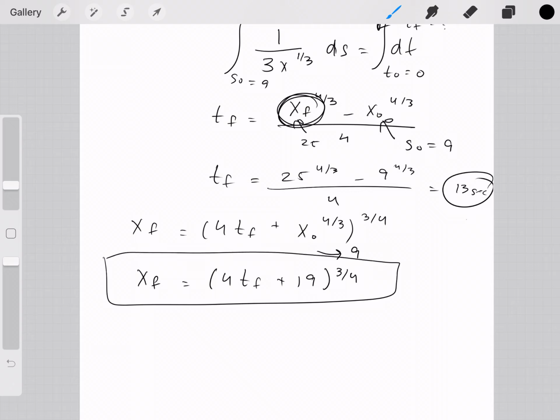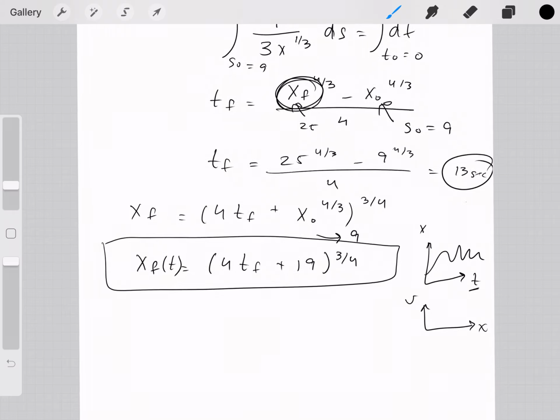And this is the first equation because this is in terms of time. And that means that you can plot what that curve would look like in terms of time, whereas before we had velocity in terms of x. So that is very convenient.